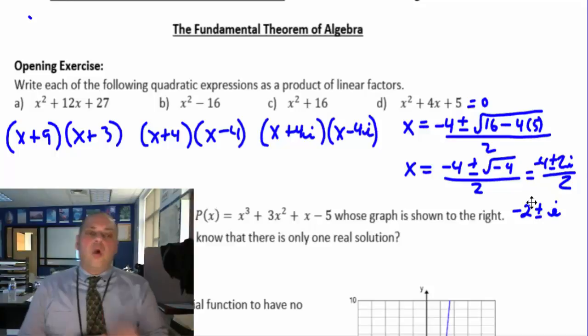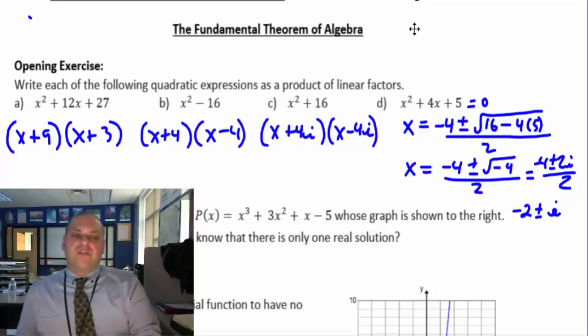So let's think about what this means. One of my solutions, if it was an equation, would be x equals negative 2 plus i, and the other one would be x equals negative 2 minus i.